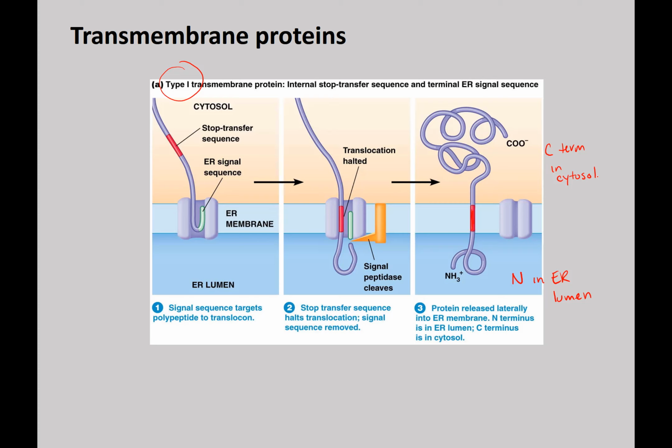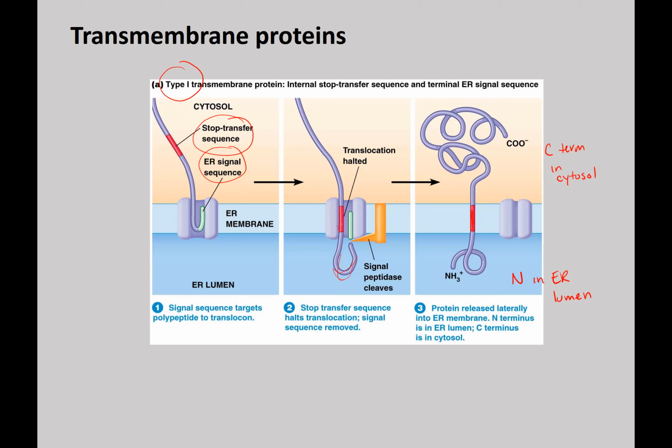And so what's happening here, now they're not showing you all the details, but it's got the ER signal sequence, so it binds the SRP, and it binds to this translocon, and then as it's being translated, it comes across this red stop transfer sequence. And that tells the ER machinery, okay, don't feed through any more protein.